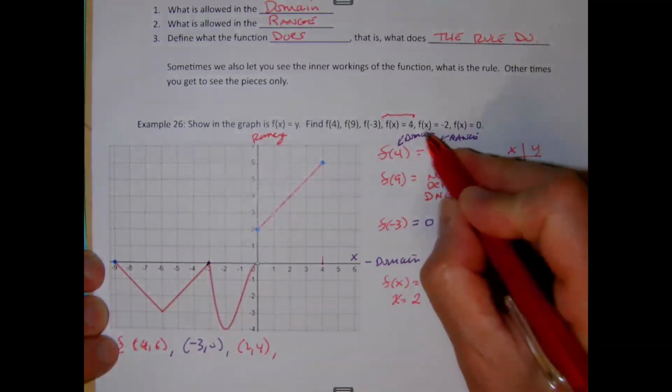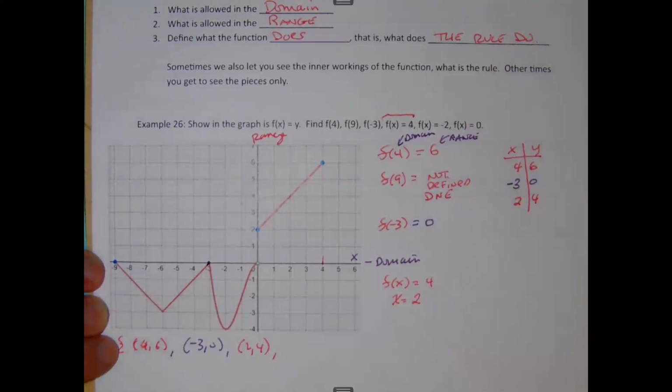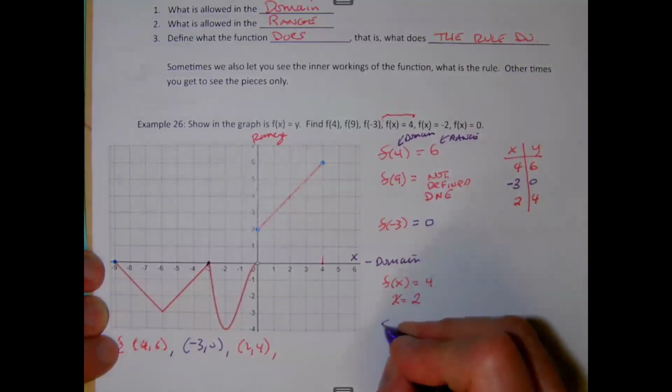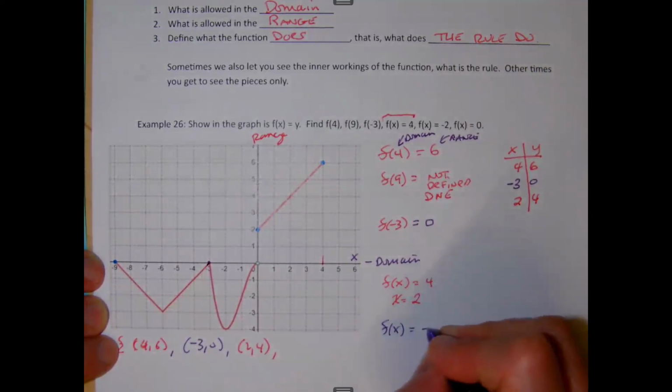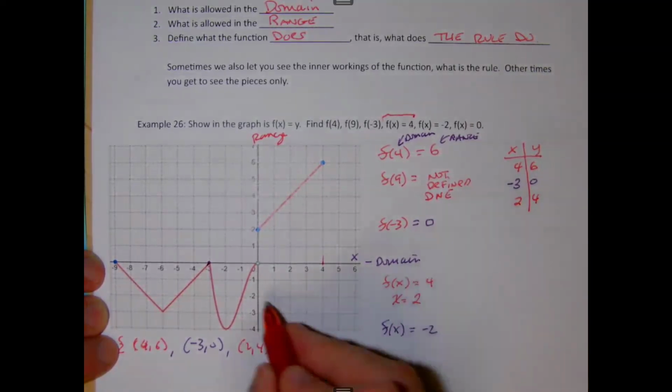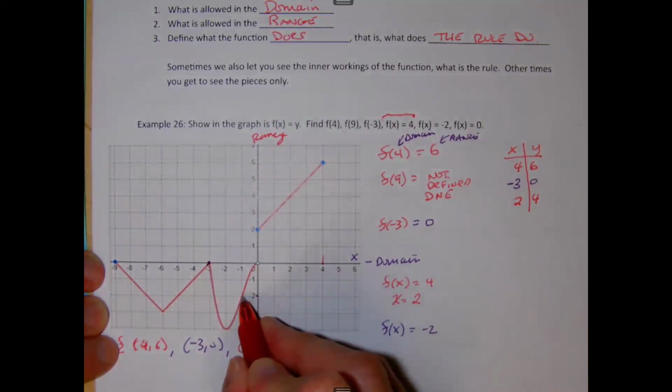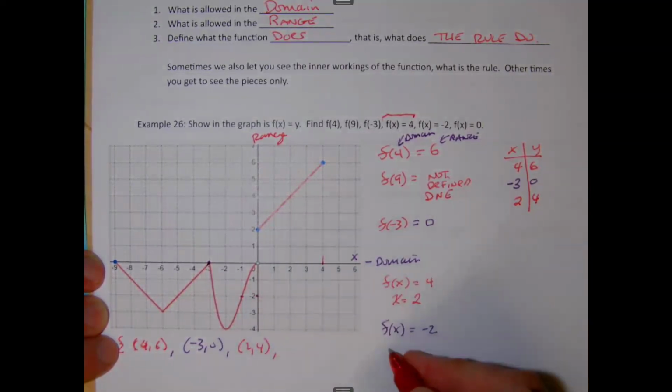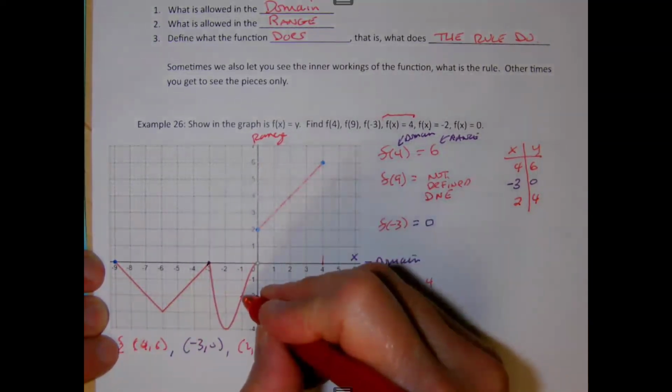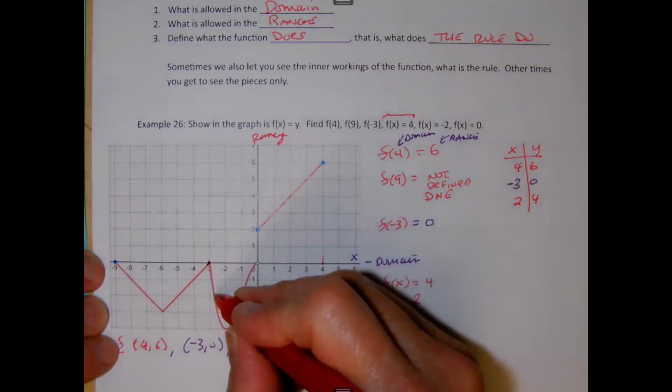What about this next one? f of x equals -2. So I'll find -2 on the range axis, come over, and hit the graph. I see that f of -1 is -2. But that's not the only case. I come over here and get another answer.